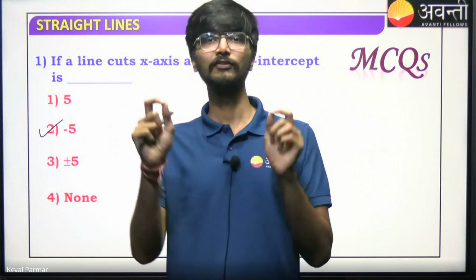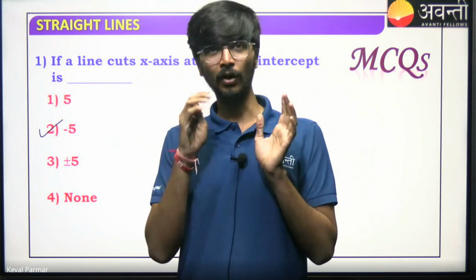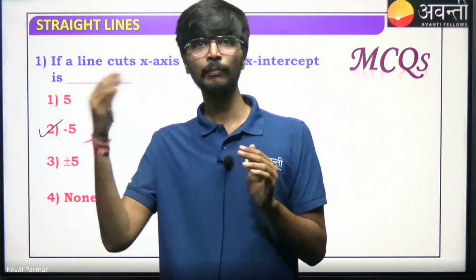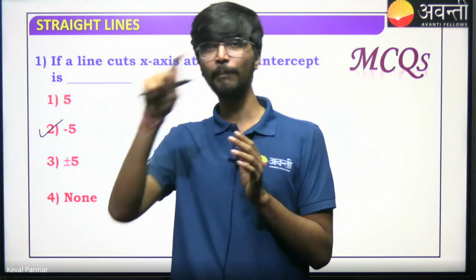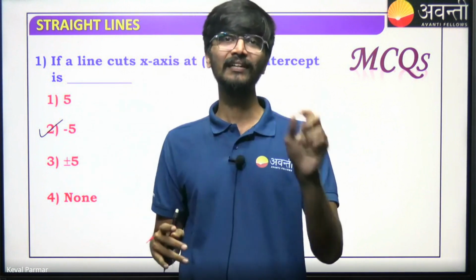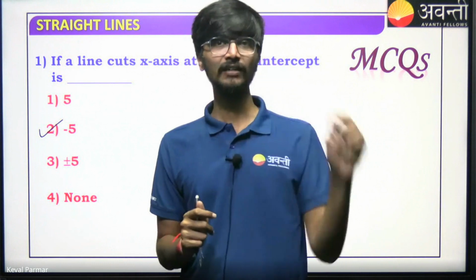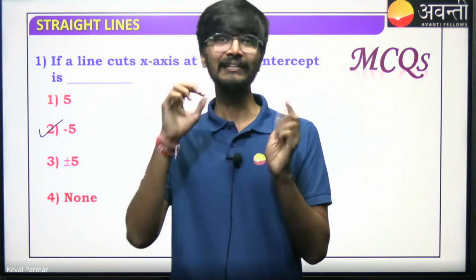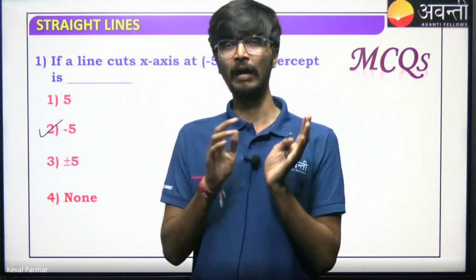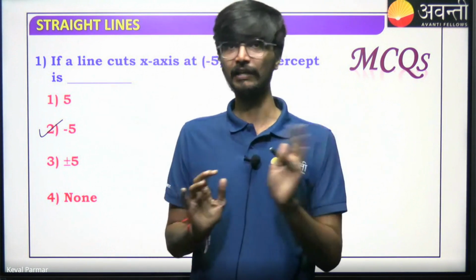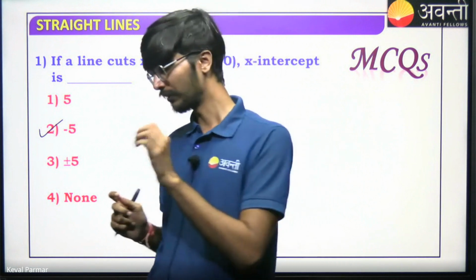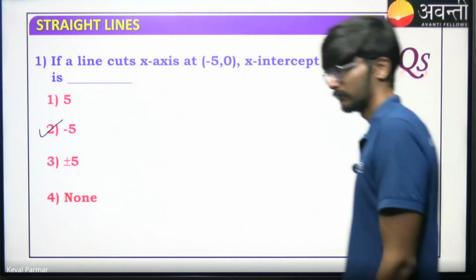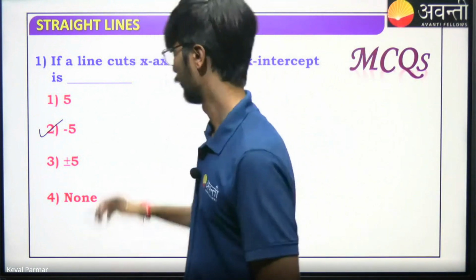That is the significance of the sign. Although the distance will be 5 in both cases, if I say x-intercept 5, the line cuts the positive x-axis. If I say x-intercept minus 5, the line cuts the negative x-axis. So the intercept has a sign, and that sign tells where it cuts, positive or negative. But the length will always be 5. So don't confuse length with intercept. Is it clear, Anjana? Superb. So the answer is minus 5.